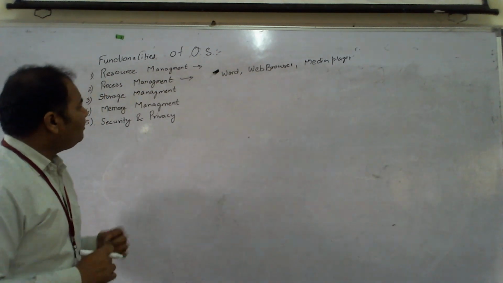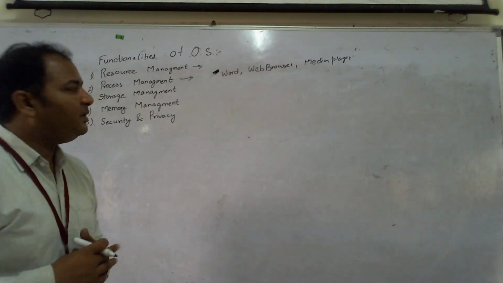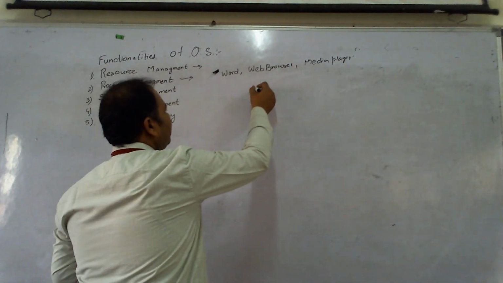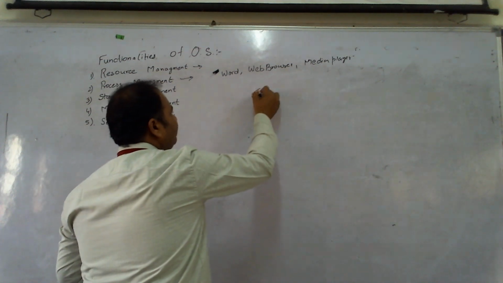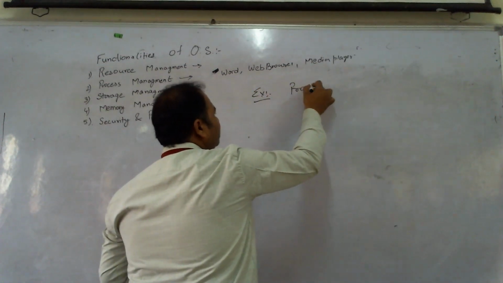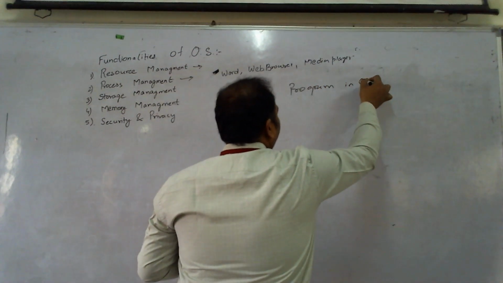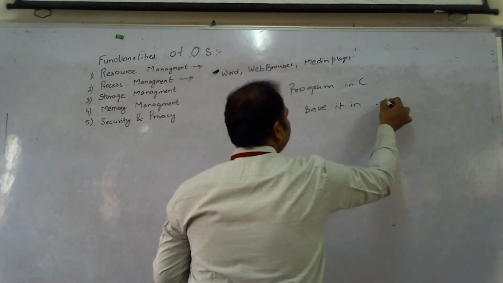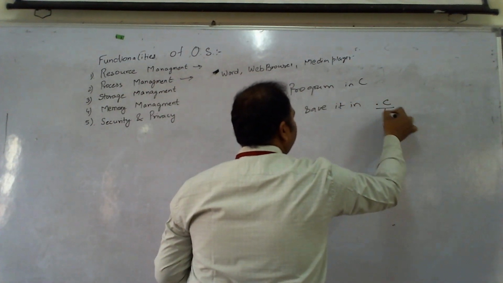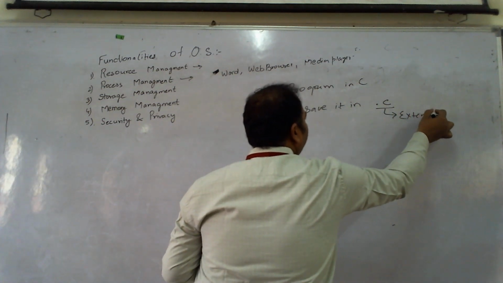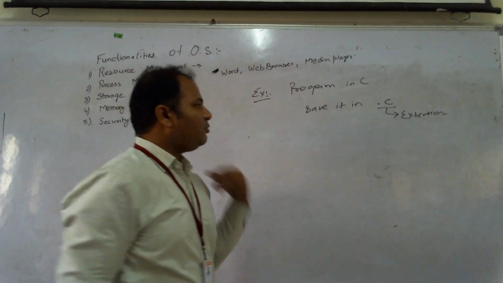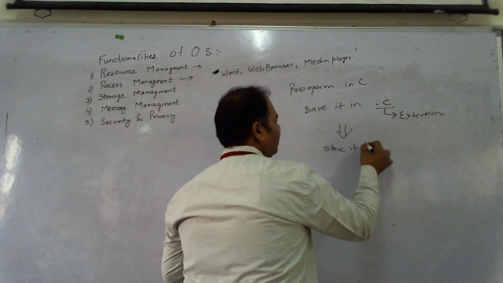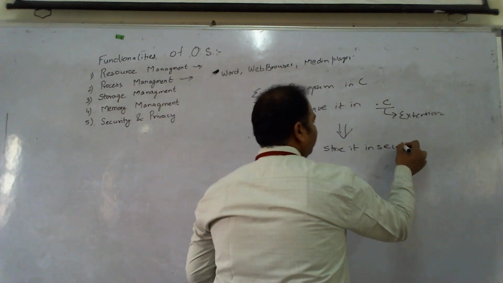So process management, a simple example is this: if we are writing any program in C, and suppose we have written a program in C and saved it with .c, the extension of the file, and we store it in the secondary memory.